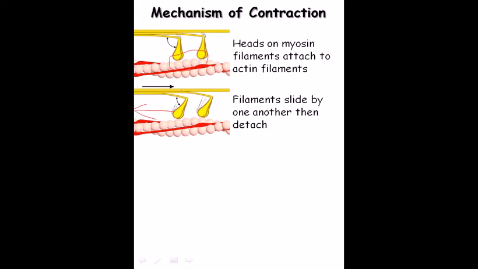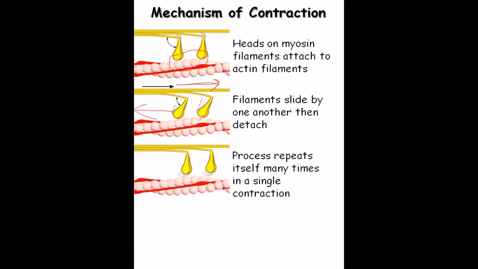So it just leaves this actin, it pushes the actin in this direction. As a result, the actin is pushed and then again it releases, it falls off from there. So the process repeats itself many times in a single contraction. That's how the contraction is done.